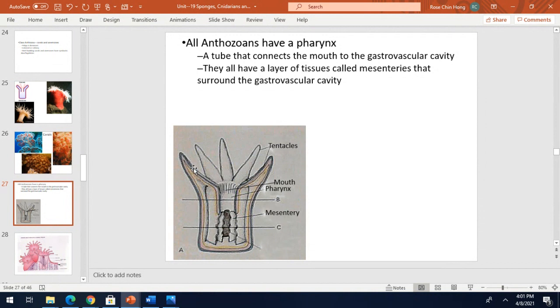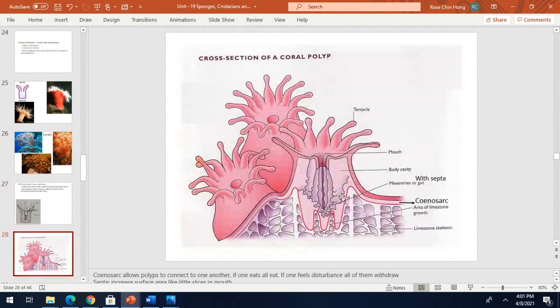However, in the coral, since they exist in colonies, they have a structure where all these coral polyps exist on top of the limestone skeleton.